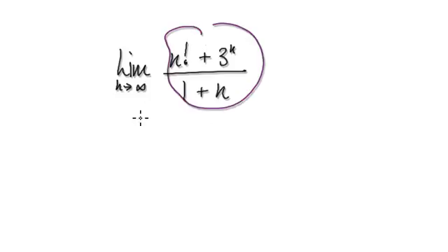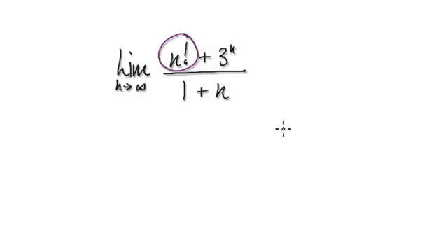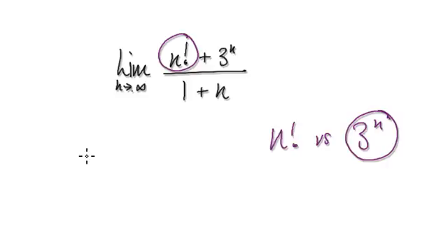So find the limit of this as n tends to infinity. Whenever you see n factorial versus 3 to the power n, if you can't remember which one's going to get bigger as n tends to infinity, then imagine n equals 4.